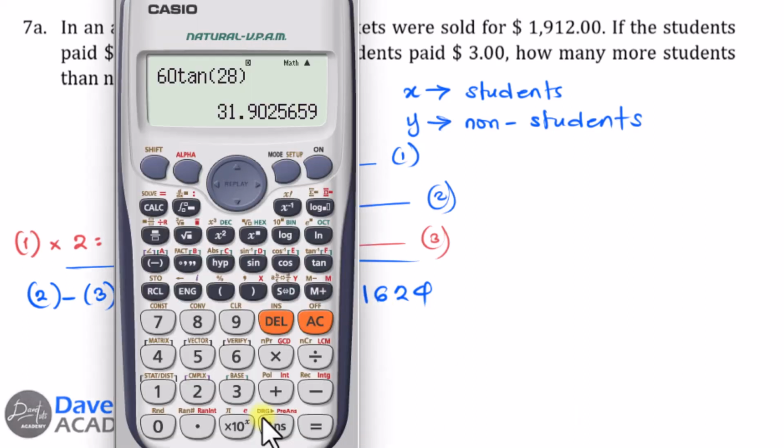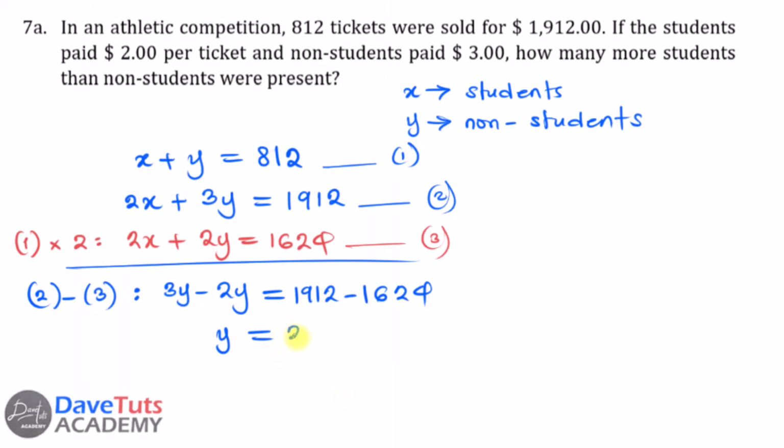Let me use my calculator. 1912 minus 1624. Okay, y is 288. That is the non-student. But if I got that to be non-student, I can get from equation 1 that x is going to be 812 minus y, and y I got to be 288.